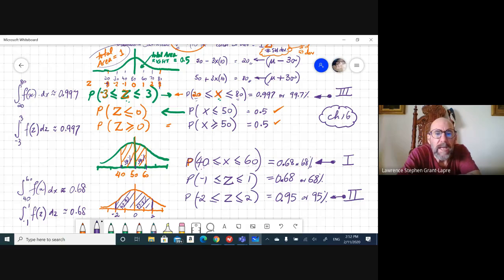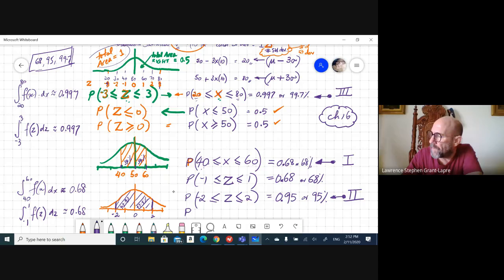By the way, nothing stops you, during your reading time, looking for the questions, and when you start the test, from straight away writing 68, 95, and 99.7 on that question for reference if you think you're going to forget it later. Sometimes it's better to write some numbers down straight away and use them later.